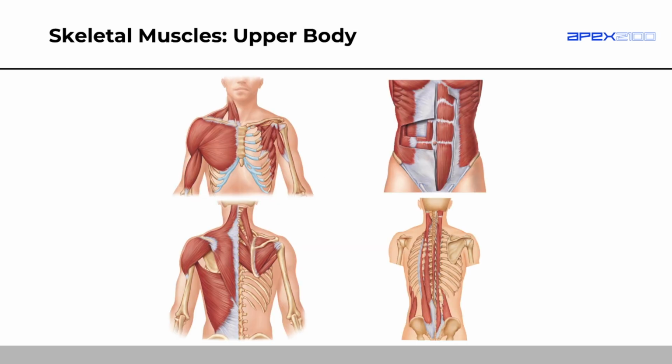We're going to look a little bit closer now at the skeletal muscles of the upper body. So when you're looking at a picture like this, before I move on, I just want to make it clear that each side is a different level of deepness. For example, if we take the picture on the top left-hand side of your screen, you can see the pectoralis major and the deltoid.